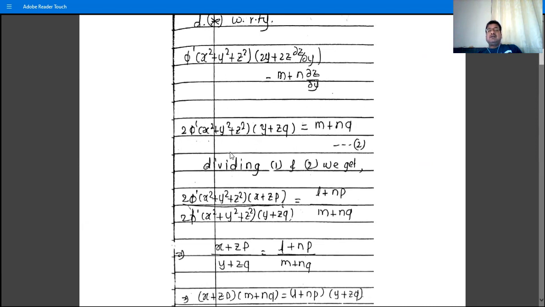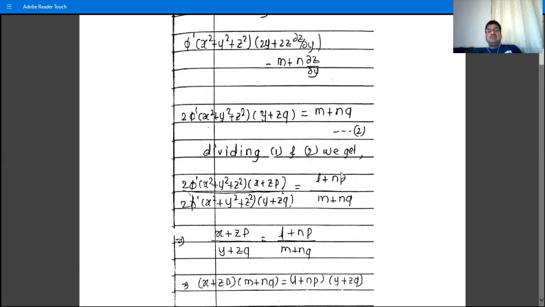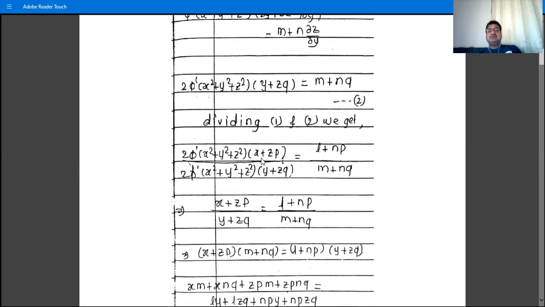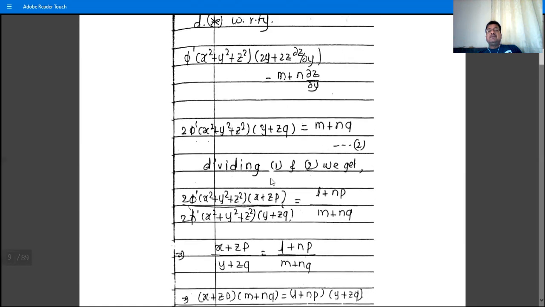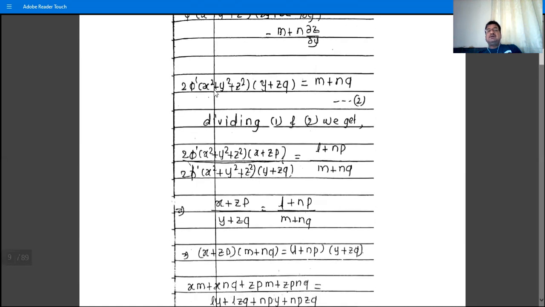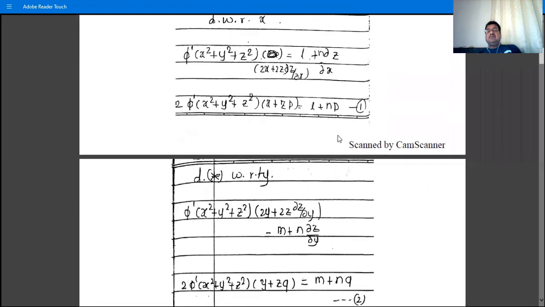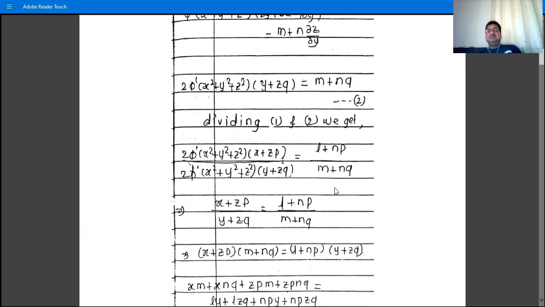Dividing 1 and 2, we get 2 phi dash (x² + y² + z²)(x + zp) over 2 phi dash (x² + y² + z²)(y + zq) equals (l + np) divided by (m + nq). The phi dash term and the 2 cancel. So (x + zp)/(y + zq) = (l + np)/(m + nq).